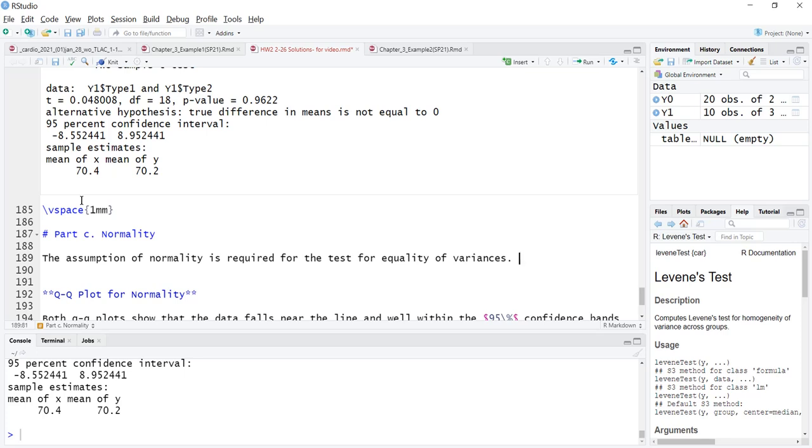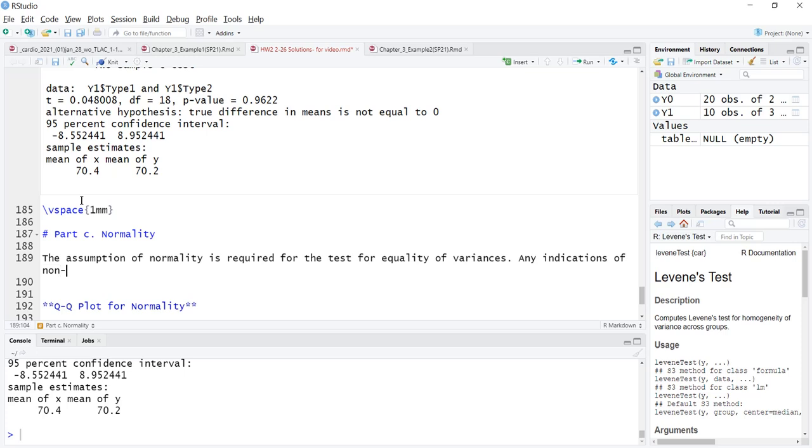So any indications of non-normality, especially outliers, can have a significant impact or effect on the results of the variance test.